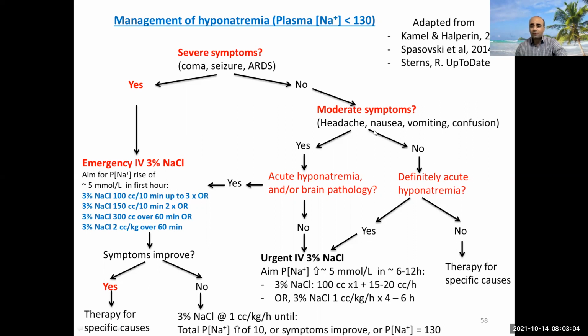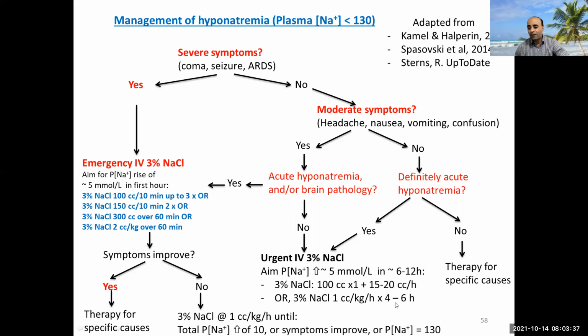If I have moderate symptoms, just headache, nausea, vomiting, confusion, with acute hyponatremia and brain pathology, you will go to the emergency management protocol with hypertonic saline. If with acute hyponatremia and no brain pathology, and the patient comes with these symptoms, you can give one bolus of 3% hypertonic saline, around 100, and continue infusion with frequent follow-up of your sodium every 4 to 6 hours, or 1 cc per kg.